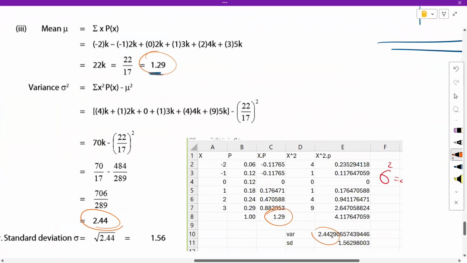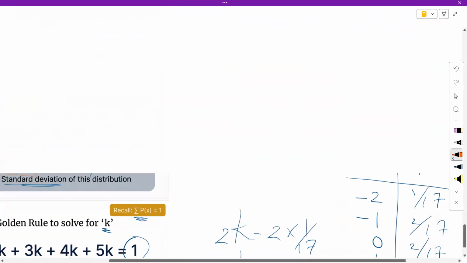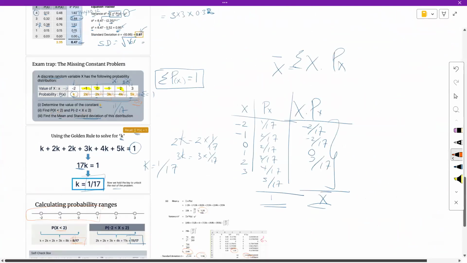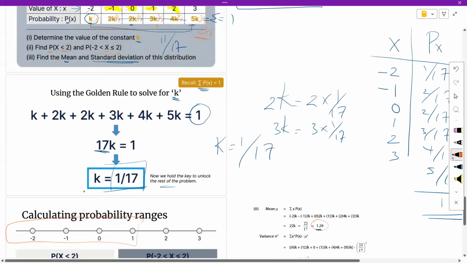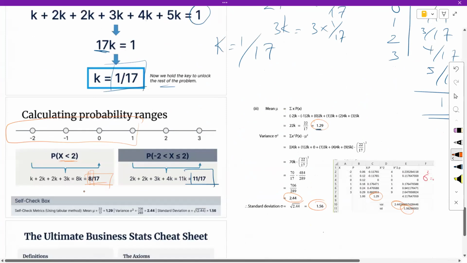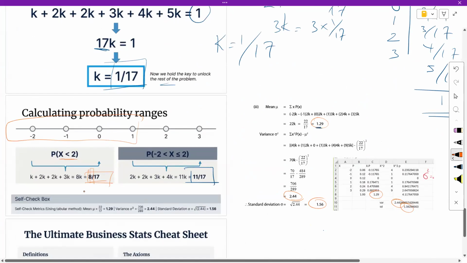Here also we get 2.44, and the standard deviation is 1.56. This is the way of calculating mean and standard deviation of any probability distribution, especially in discrete random distribution.